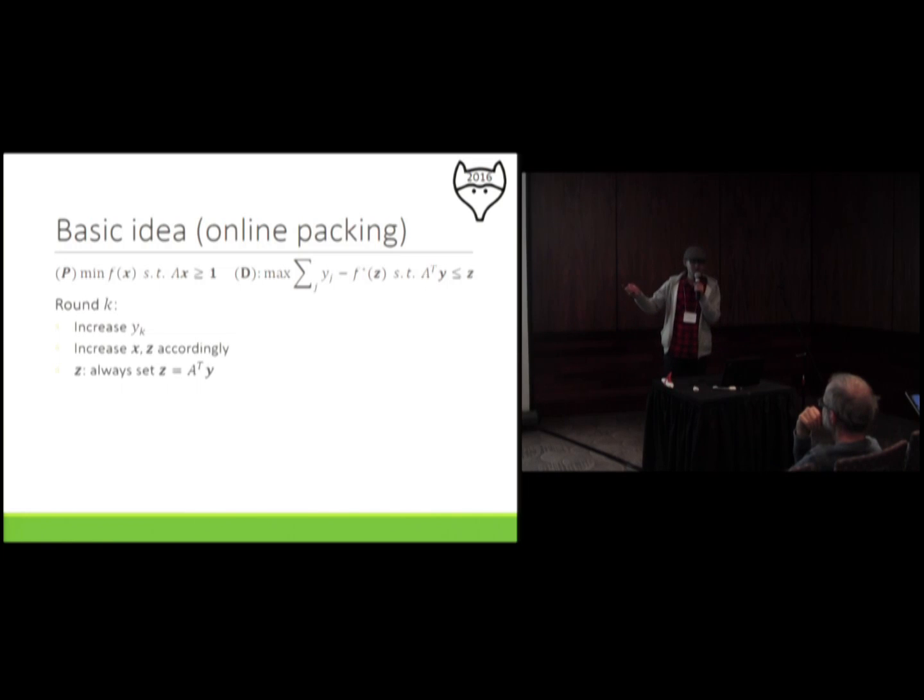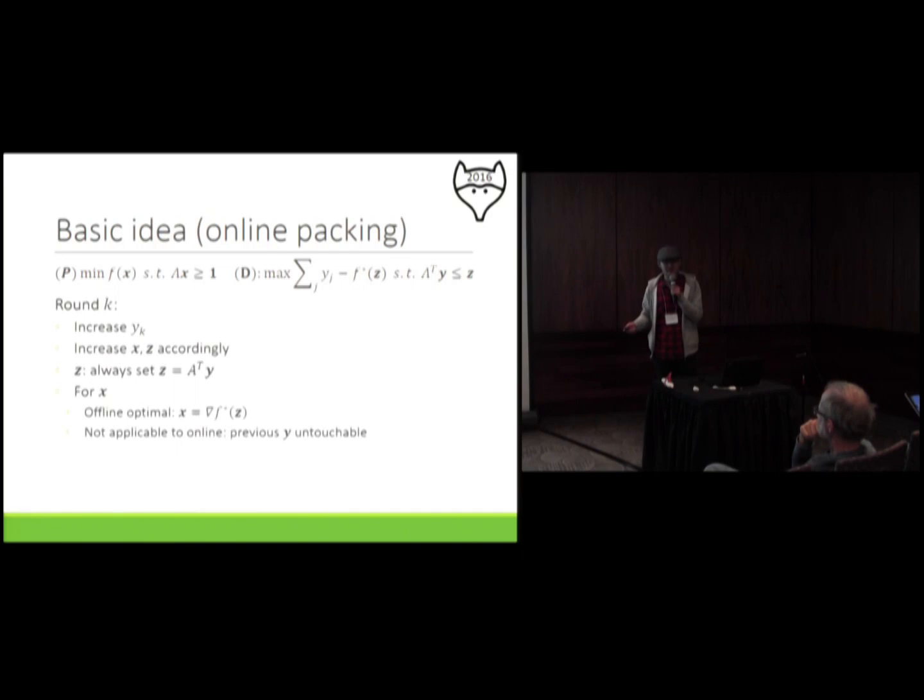For z, we can always trivially set z equal to A transpose y. But for x, we want to find how x increases. We know that in the offline optimal solution, x is the gradient of F conjugate of z.